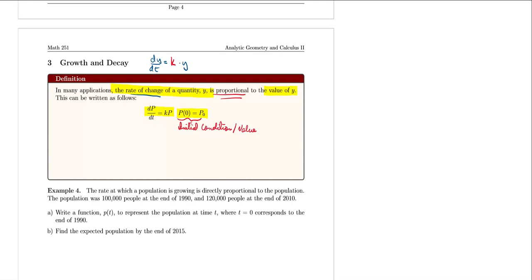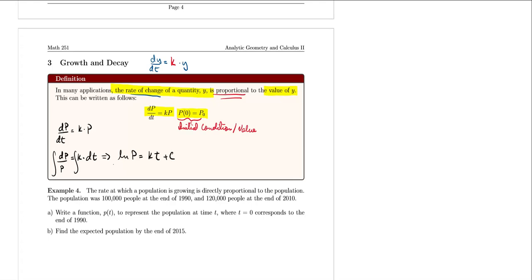equation. We're going to get dp/dt equals k times p, where we can go ahead and get the p's with the dp's. So we're going to get dp over p equals k times dt. Integrating both sides, we get ln of p equals k times t plus c.